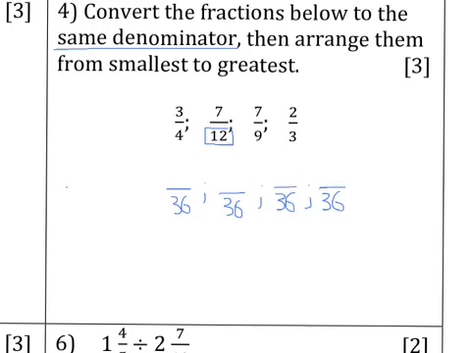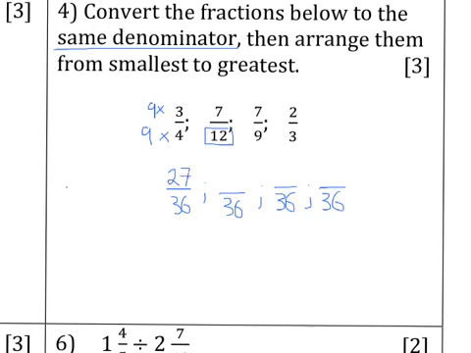And then I need to convert each denominator so that it goes into 36. So for example, with the first one, 4, I'd have to times by 9 to get it to 36, which means I've got to do the same to the numerator if I want to keep it as an equivalent fraction. And 9 times 3 is going to be 27, so that's the equivalent fraction.